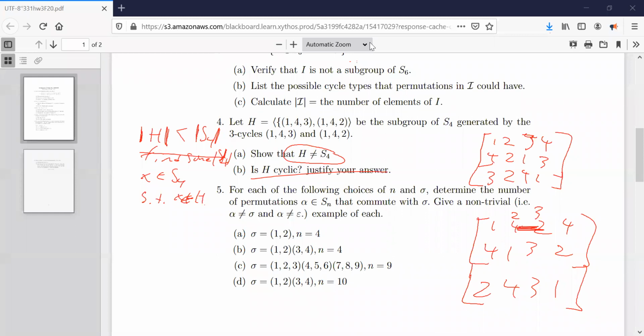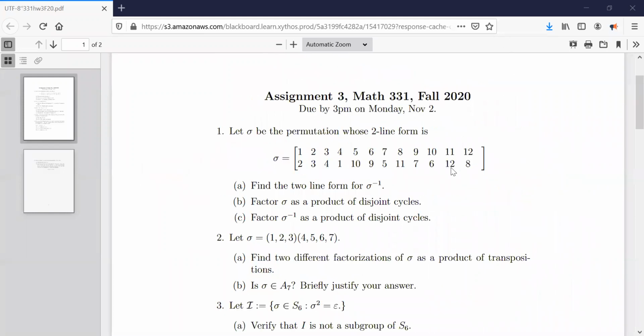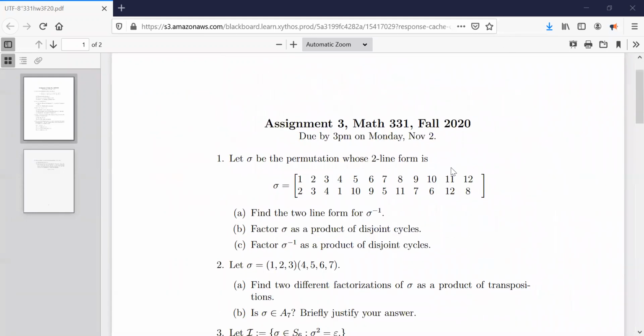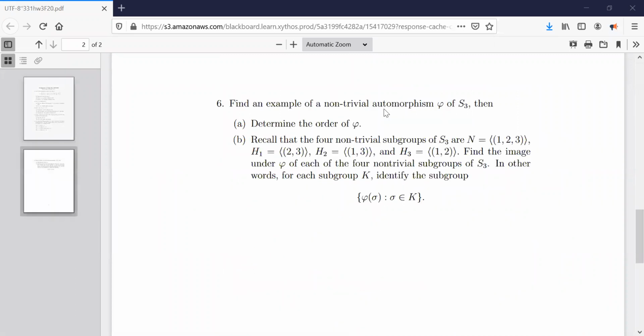So I'm going to clear all drawings. Do people have any other requests before I just start going through in order? I was going to ask 6. 6. Yeah.